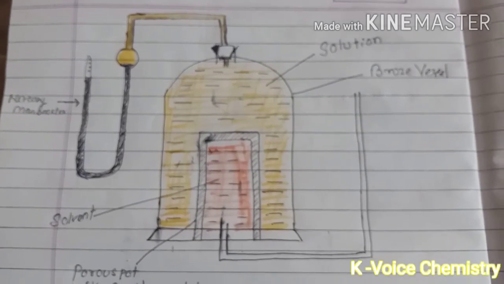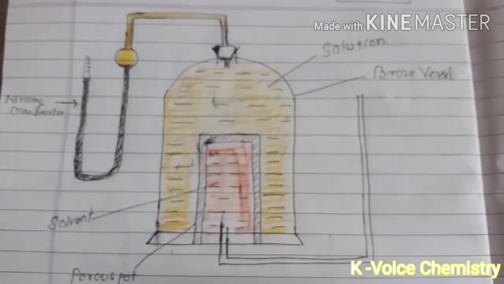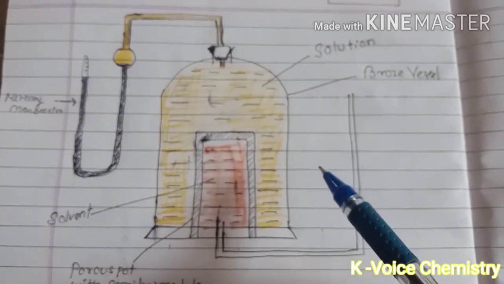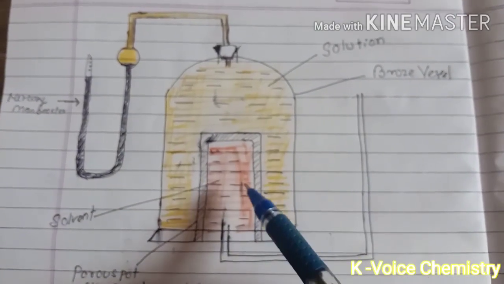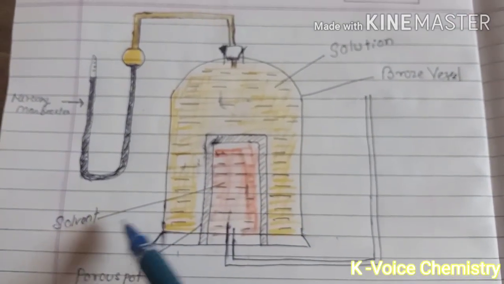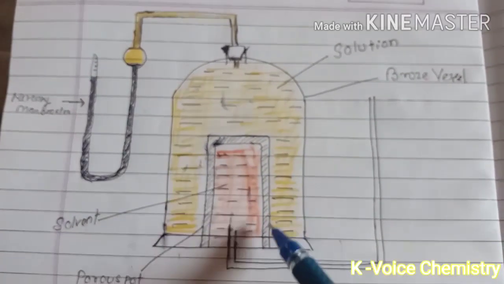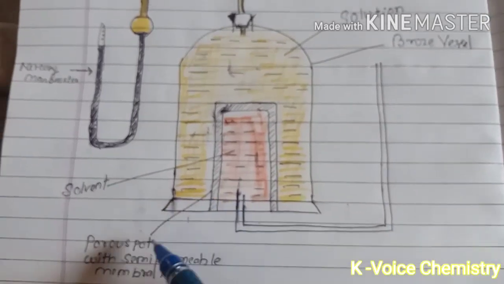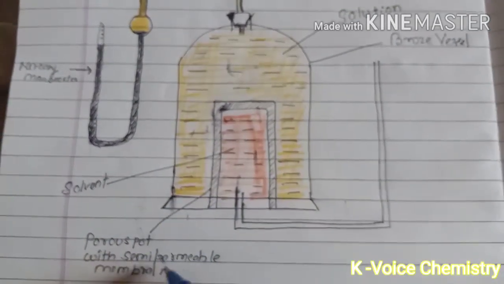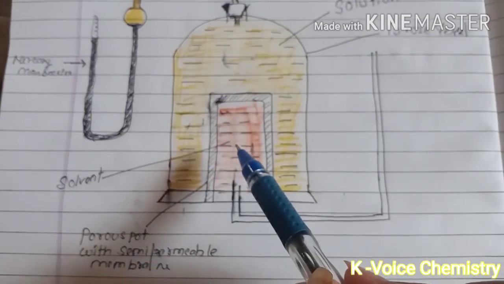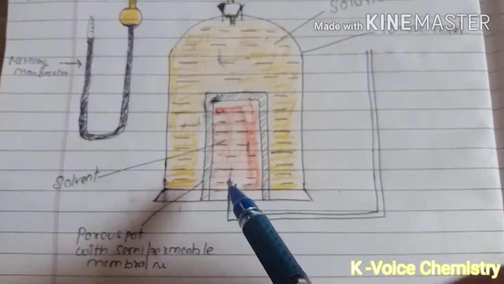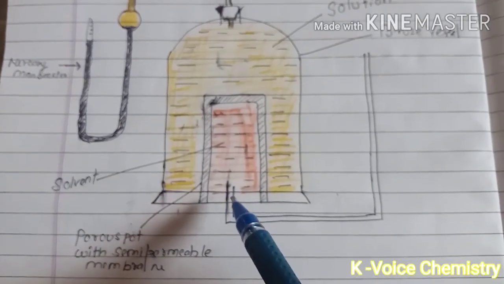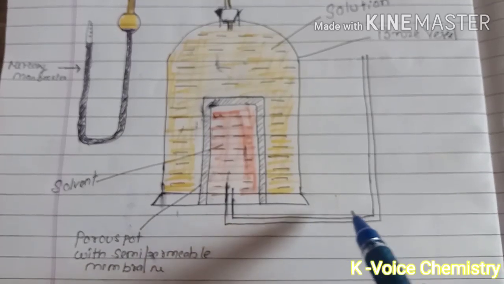In this method the solvent is taken inside the porous pot, which has a semi-permeable membrane, and the level of the solvent is maintained with this tube.